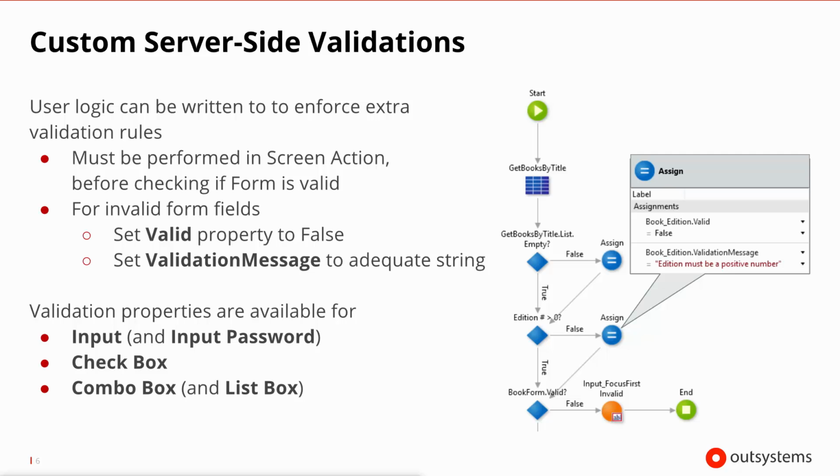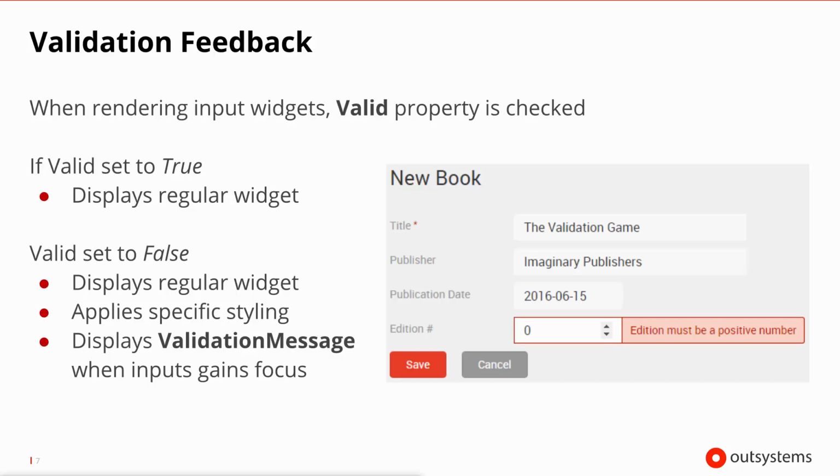But how does the validation message get displayed to the user? When at any time we're re-rendering the screen, the valid property is checked. If the value is true, then the screen knows that that input is correct and it displays the regular widget. We have the first three inputs on the screenshot with no validation problems.